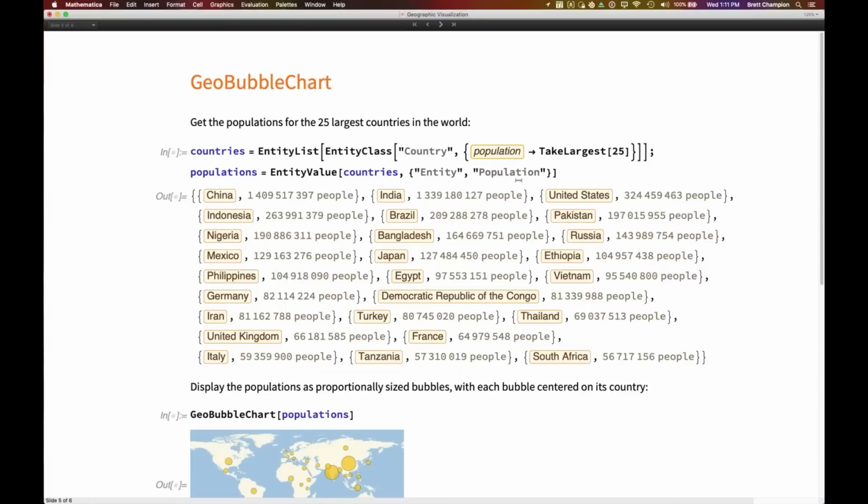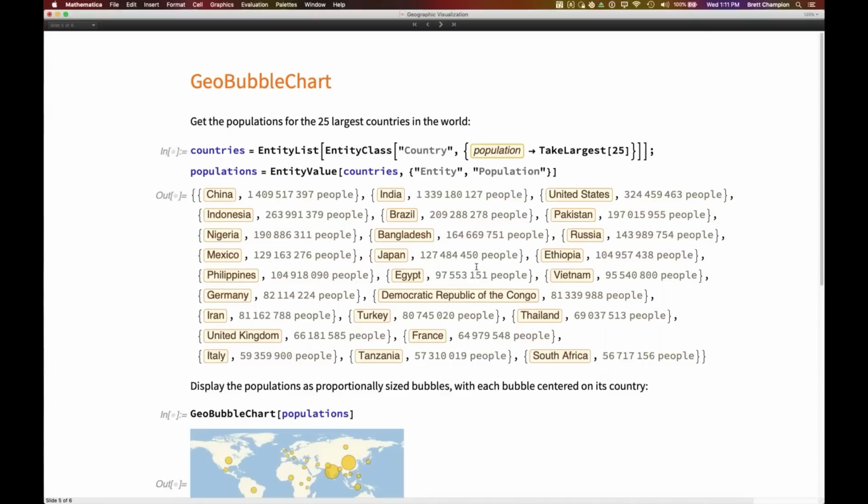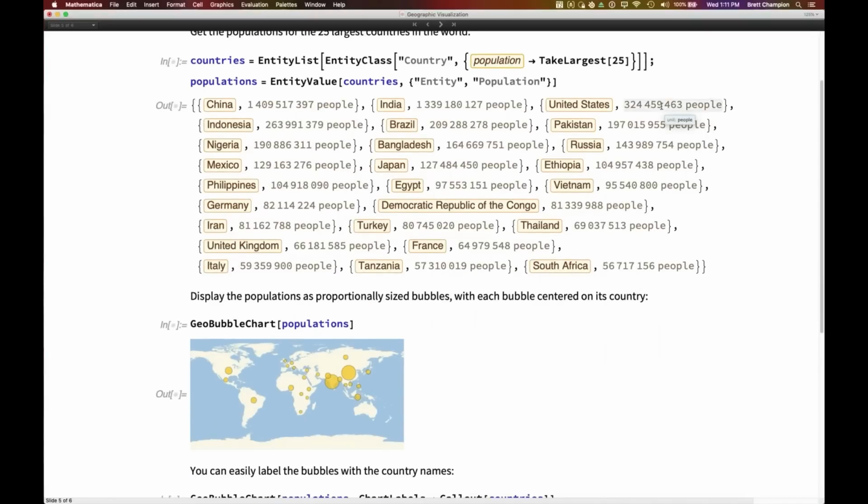So the next function is GeoBubbleChart. This takes a bunch of locations and some sort of scalar value and plots bubbles on the map for each of those locations, with the bubble size scaled according to the values.